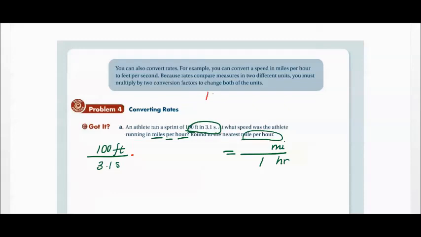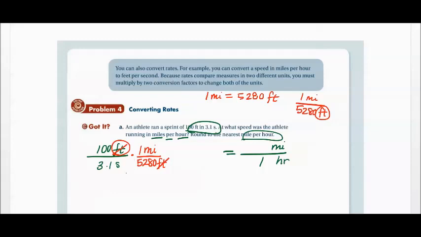We saw that 1 mile equals 5,280 feet. So we can use 1 mile over 5,280 feet. And I want the feet in the denominator because right here it's in the numerator. So I'm going to do 1 mile over 5,280 feet. That way the feet will cancel.